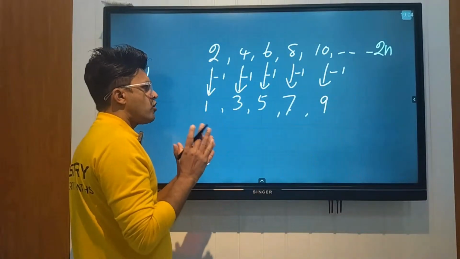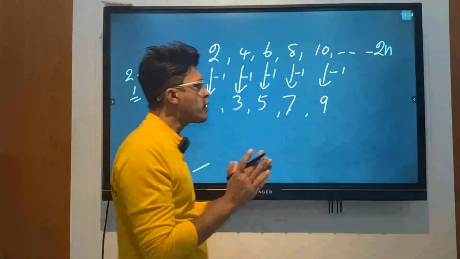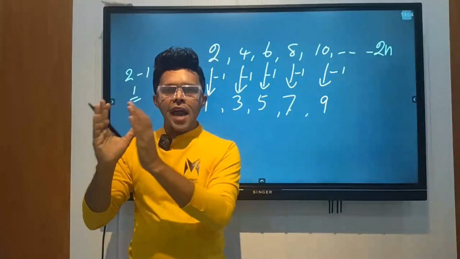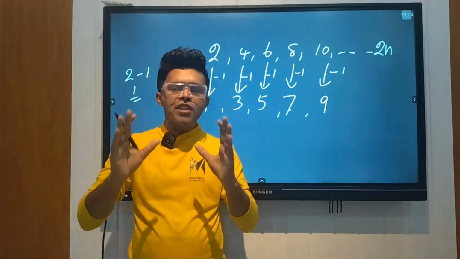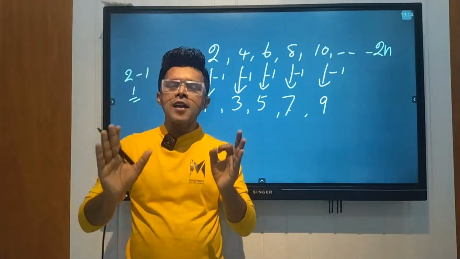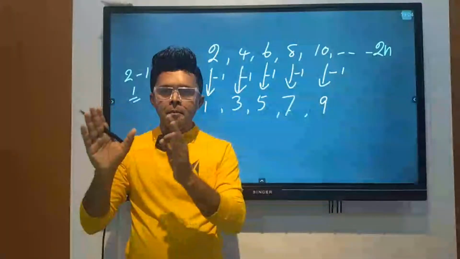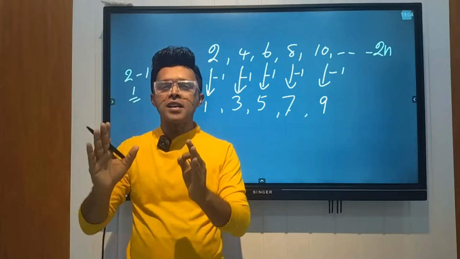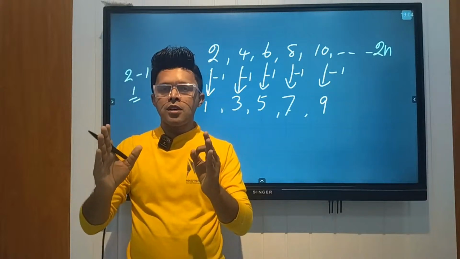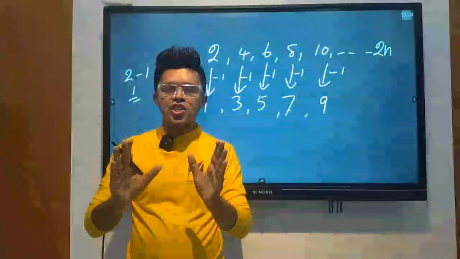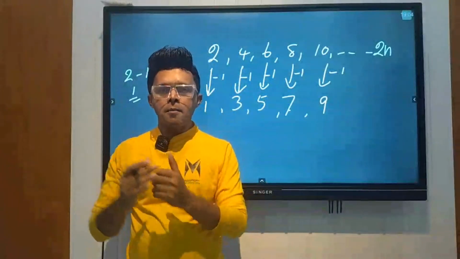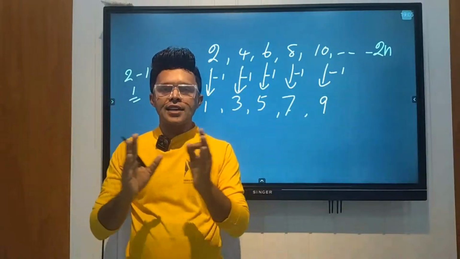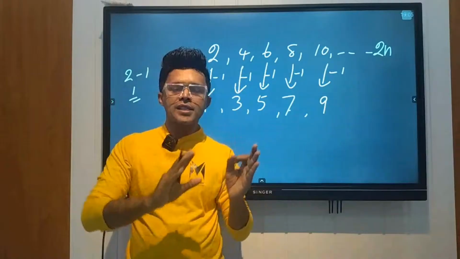So right now what I'm doing here, I'm showing you the relation between even numbers and odd numbers. Every time when you subtract 1 from an even number, you are able to get the odd number which is written consecutively.